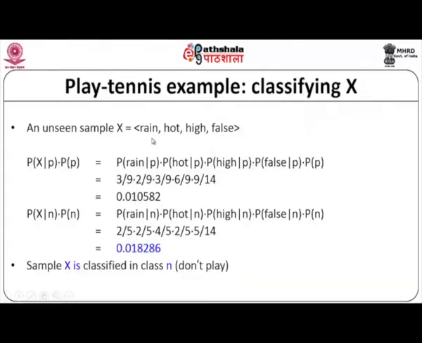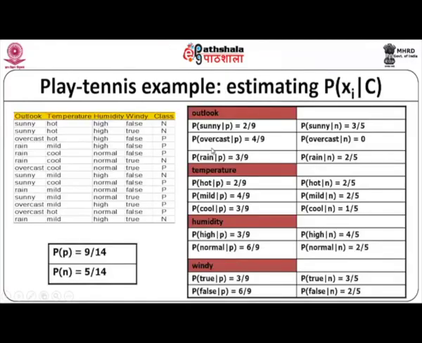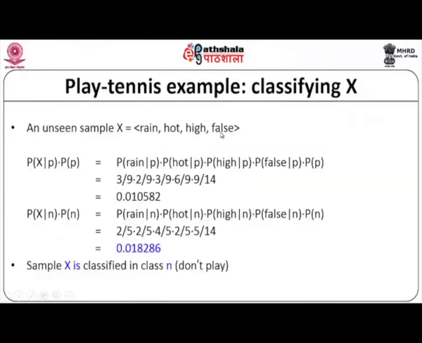Assume the given scenario is a record x having the value outlook rain, temperature hot, humidity high and windy equal to false. Now we need to identify which class label may be assigned to the data x. As per Bayes theorem we need to calculate the product of the probability of x given p and the probability of p, and similarly for the class label n.